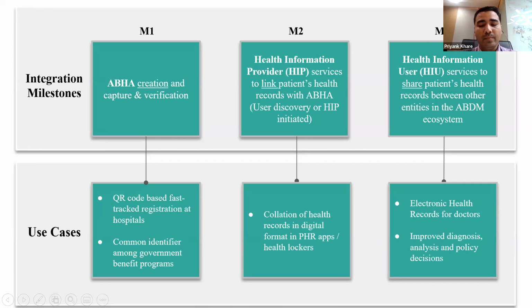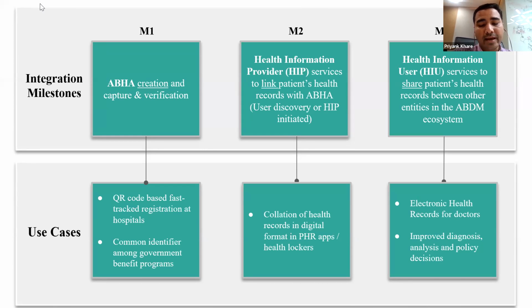According to milestone 1, we create Aadhaar, capture Aadhaar, and verify Aadhaar. For example, there are some use cases as well to get more details on what is M1 and what is the create part. So in this scenario, registration of the patient using QR code at facility registration desk will help expedite the process, reduce wait time for patients as well as the provider.